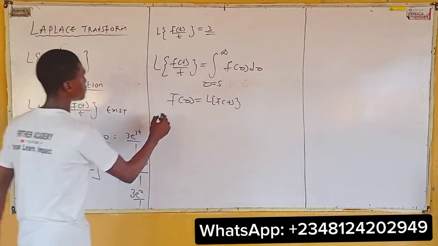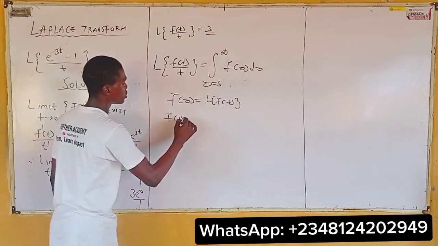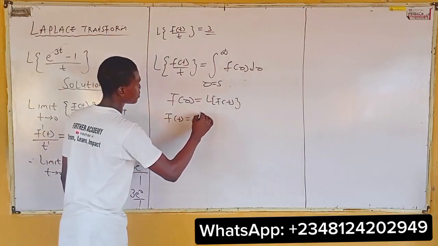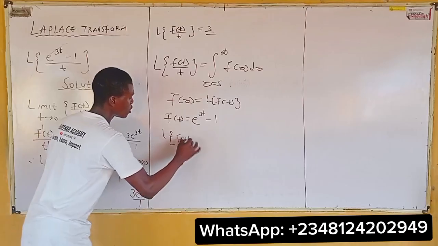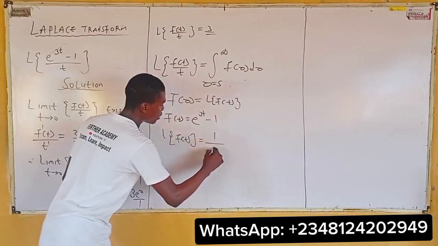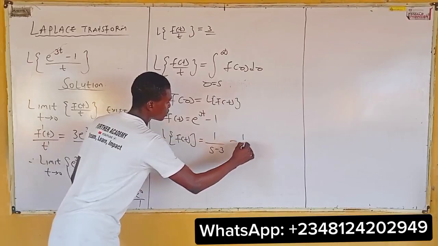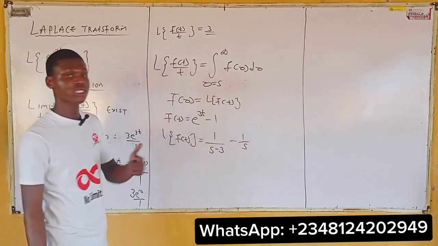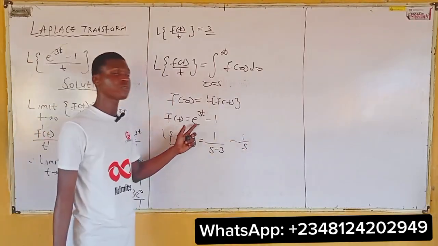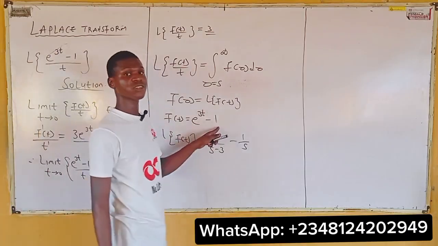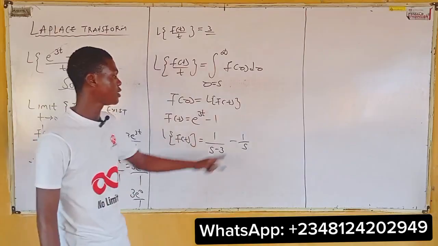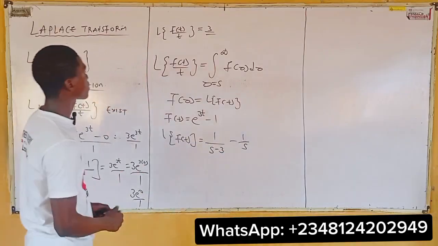So if your f of t, given from the question, is exponential 3t minus 1, then the Laplace transform of f of t gives 1 over x minus 3 minus 1 over x. Following your standard table of Laplace, the Laplace transform of exponential 3t gives 1 over x minus 3. Then the Laplace transform of 1, a constant number, gives 1 over x.